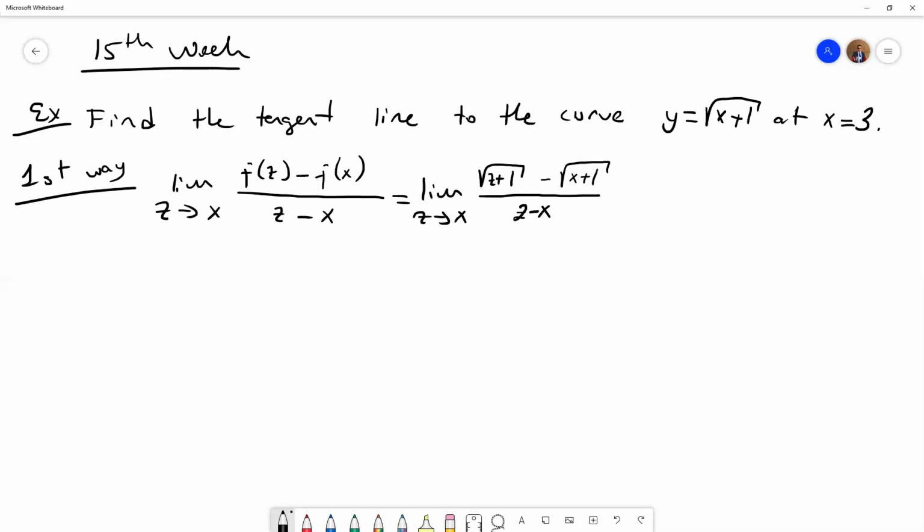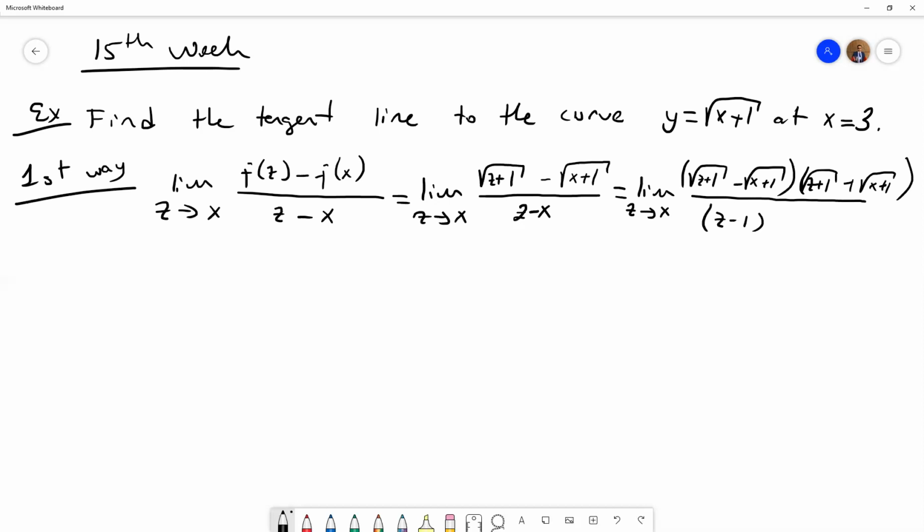To solve this question, we can multiply with the conjugate: square root of z plus 1 plus square root of x plus 1, on the numerator and also on the denominator.